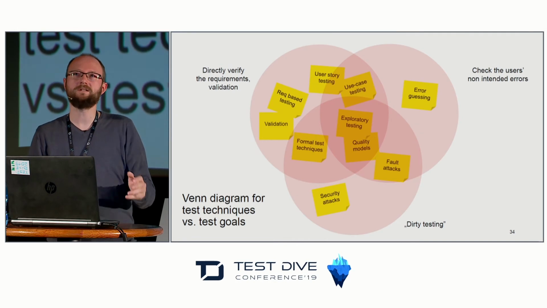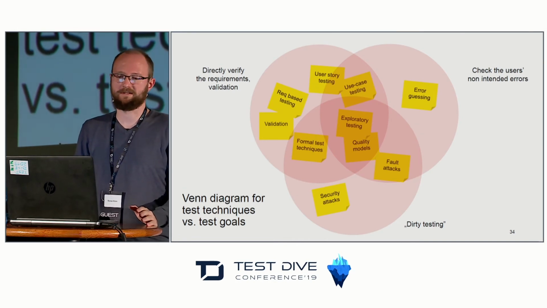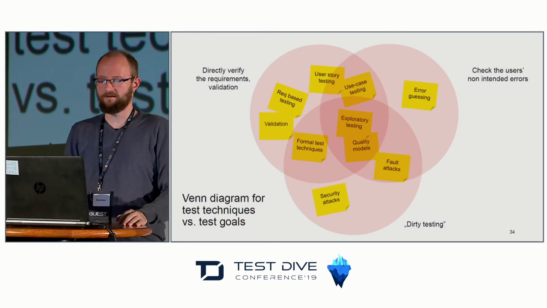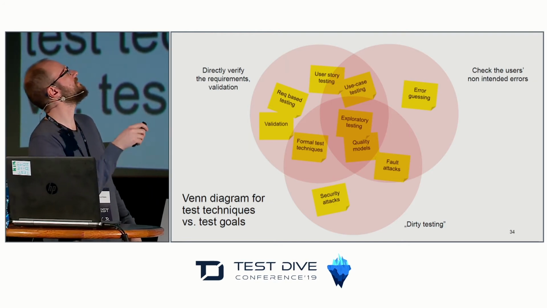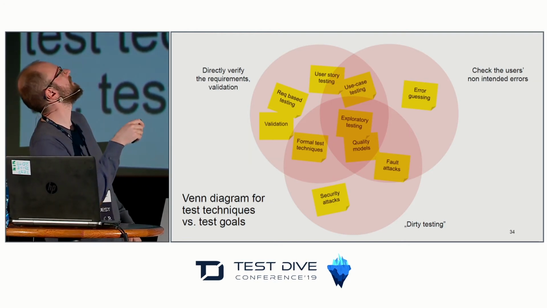Now, there is a lot of test techniques. Here are some examples. This Venn diagram has these 3 or 4 goals.